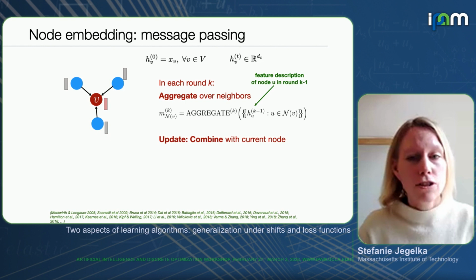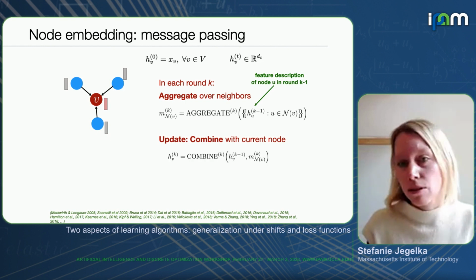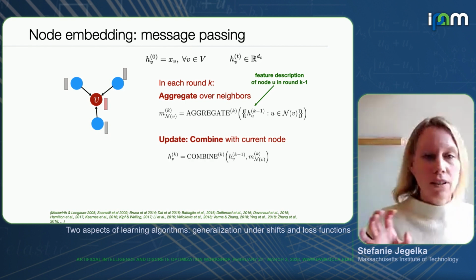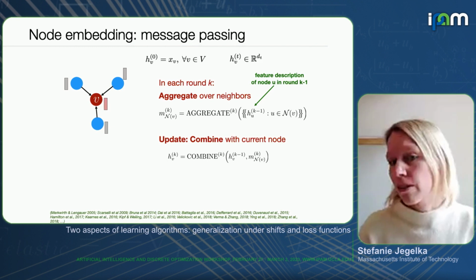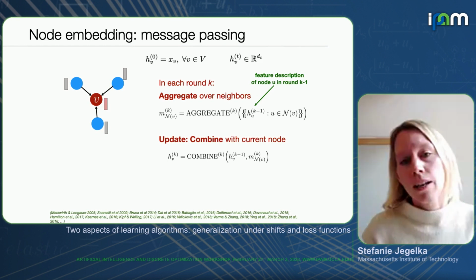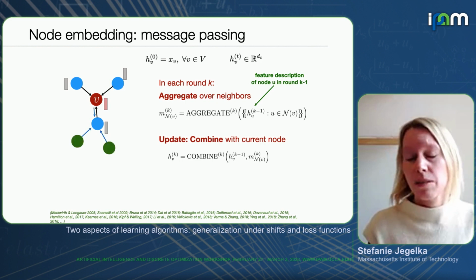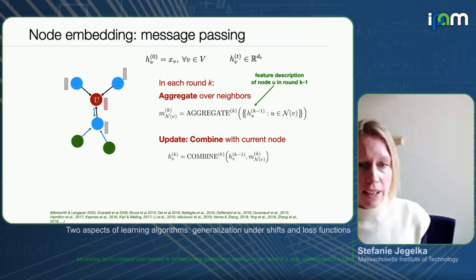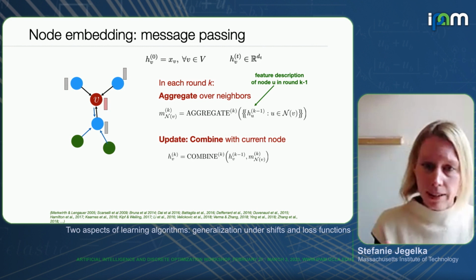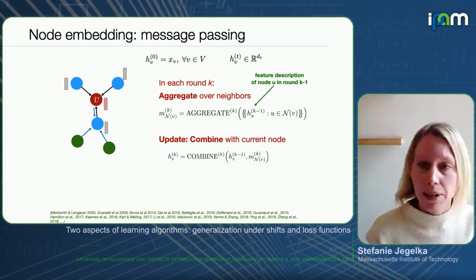So that's the aggregation and the combine or update operation. And what we're essentially learning here are these two operations. They are parameterized functions. And now all the nodes do this in parallel. So we are really running this message passing algorithm, which has a lot of computational power depending on what the aggregation and combine functions are.